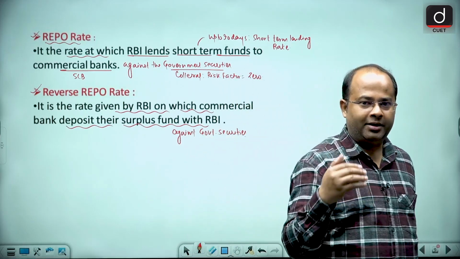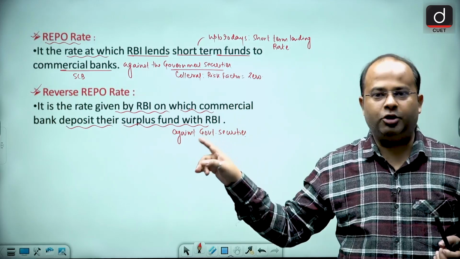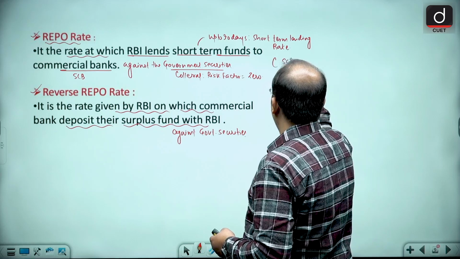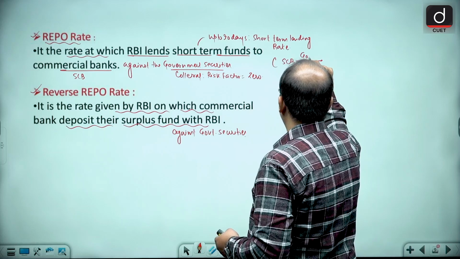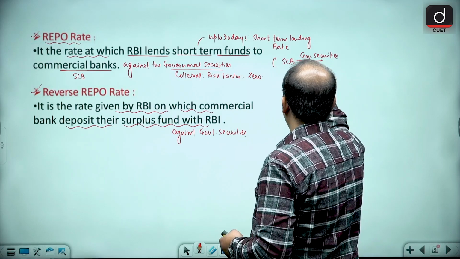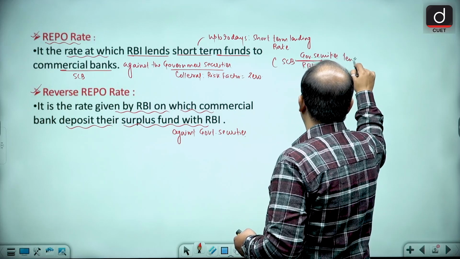In repo rate, the commercial bank gives the government security to RBI to take a loan. So in repo rate, the scheduled commercial bank gives government securities to RBI for lending.